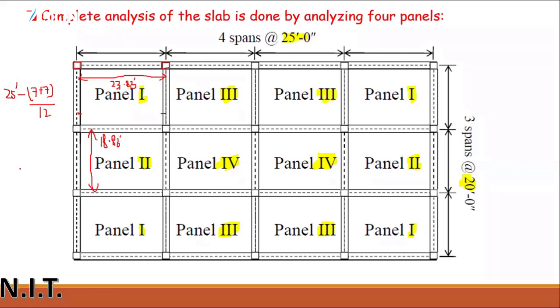Similarly, 20 minus 7 on this side and 7 inches from this side. Clear? 7 plus 7 divided by 12 gives you 18.83 feet. Clear? You have to use this center line method in your project.